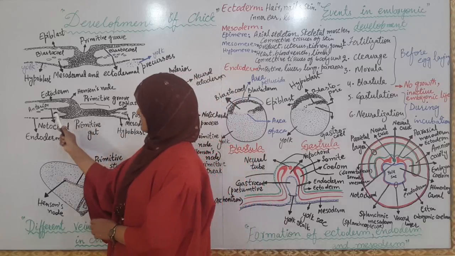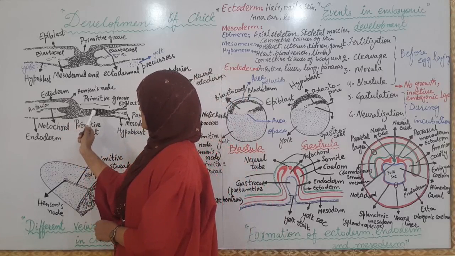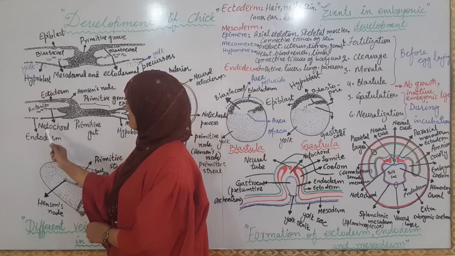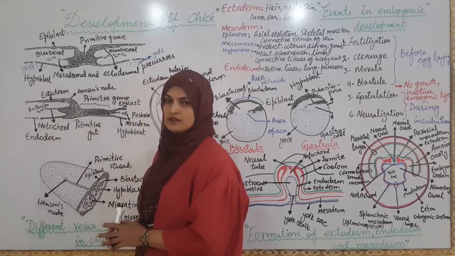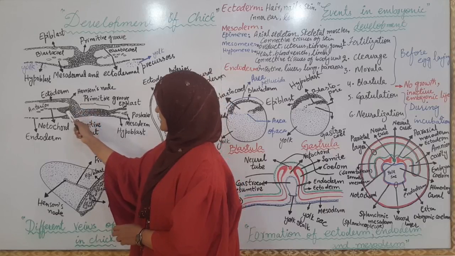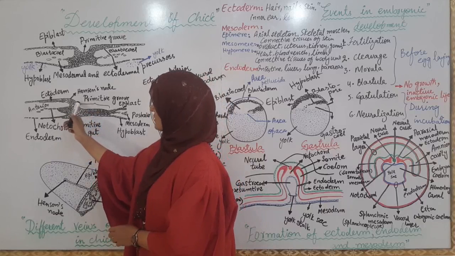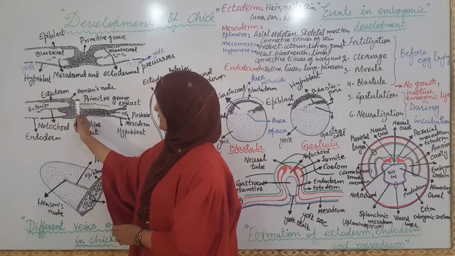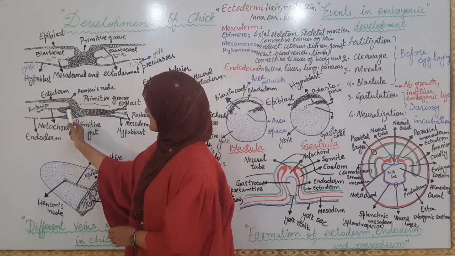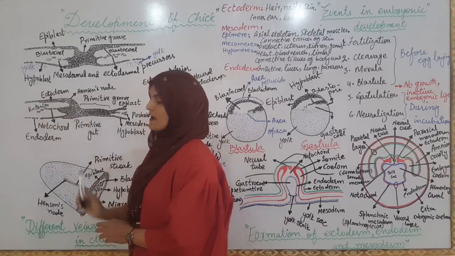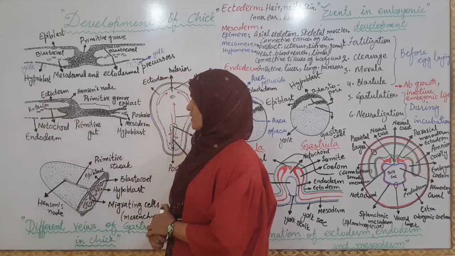While anteriorly, these cells move and form the notochord, that is present inside the Hensen's node. Hensen's node is the swollen portion of the primitive streak, and in this the epiblast moves forward and forms the notochord.